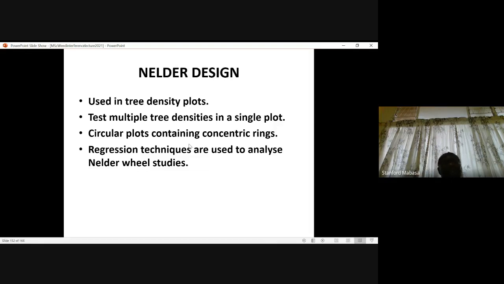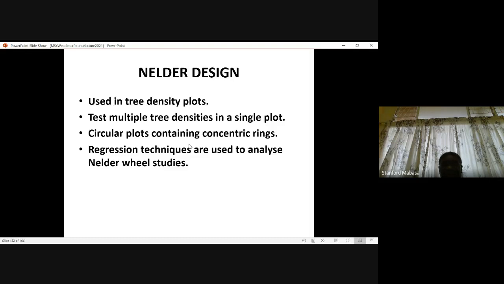With forestry, you may end up with very big plots because they are dealing with trees. So when you are having, like, 1 hectare of an experiment, it becomes difficult to manage. So a Nelder design can actually reduce such problems.